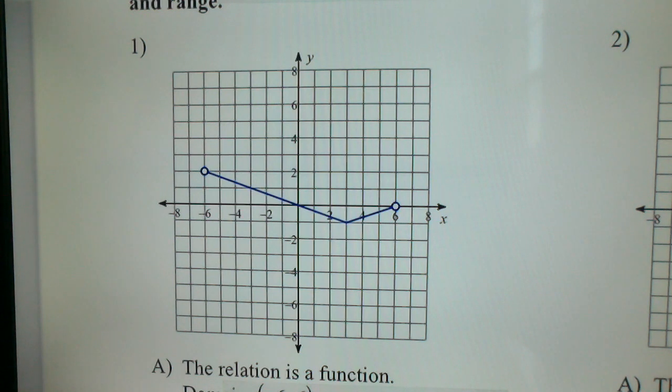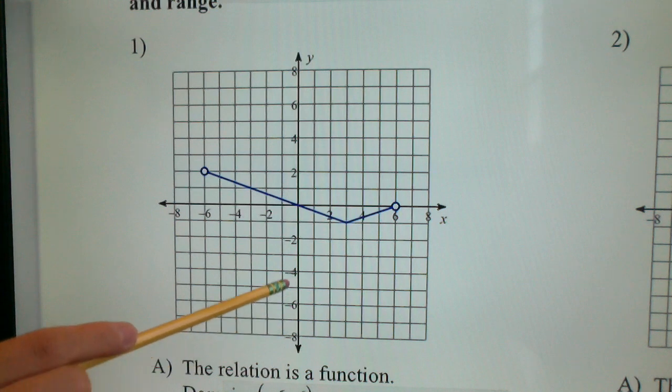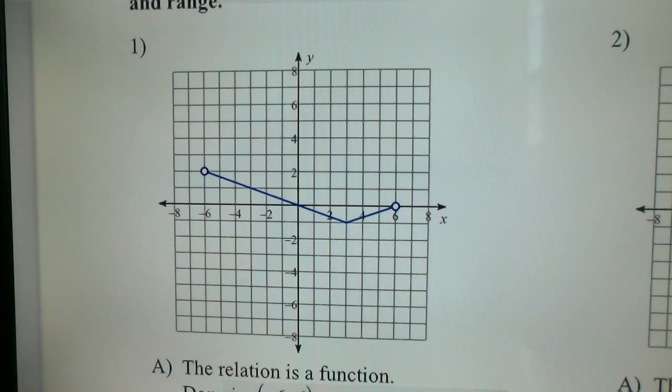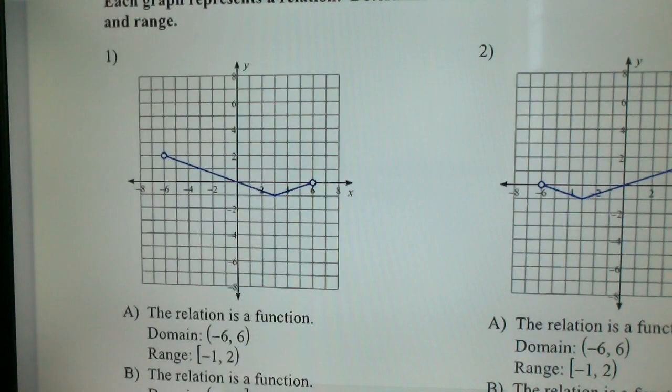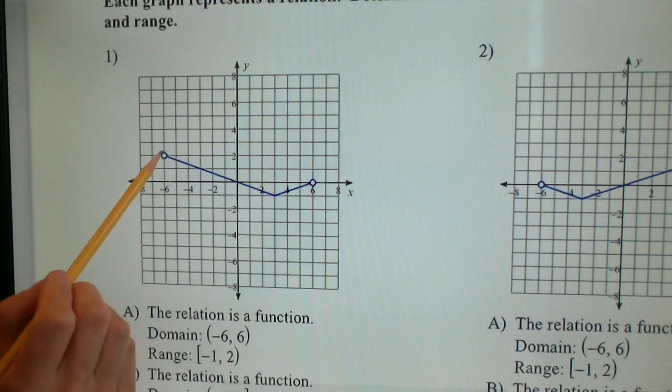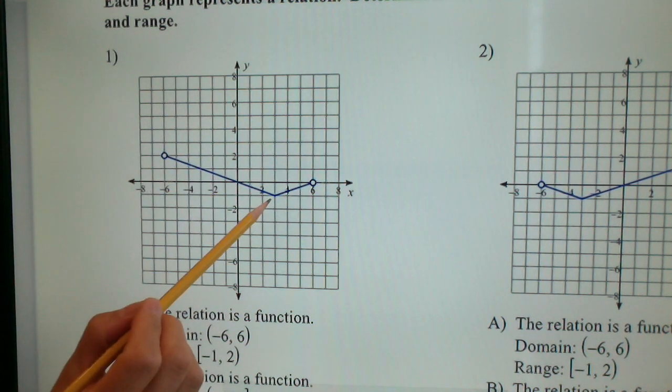And the y-intercept means when you look at this line, this is also 0, right?